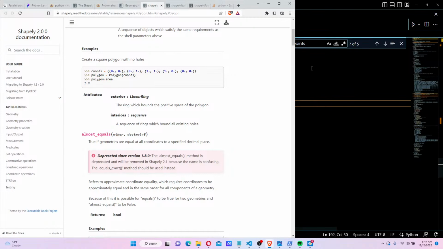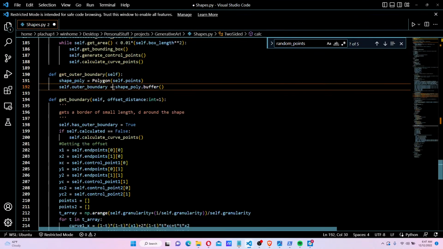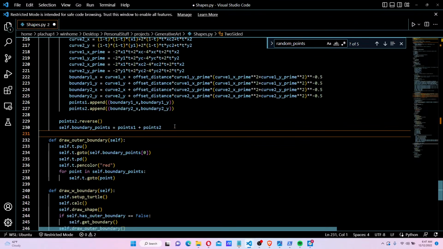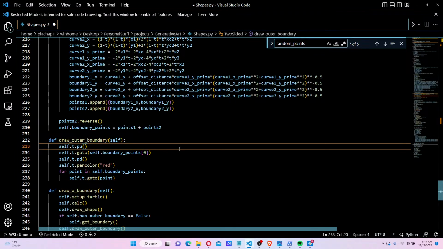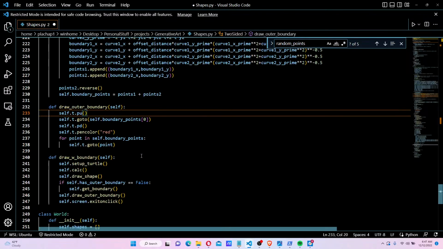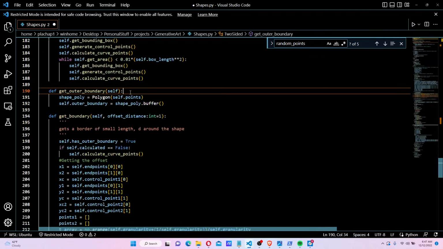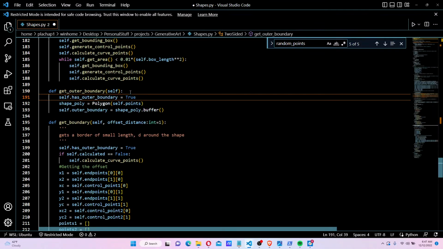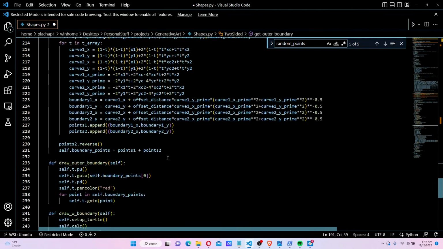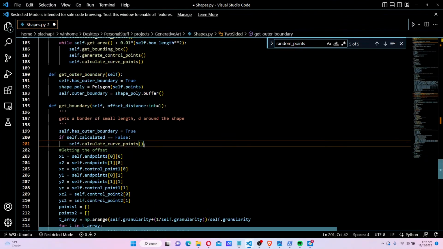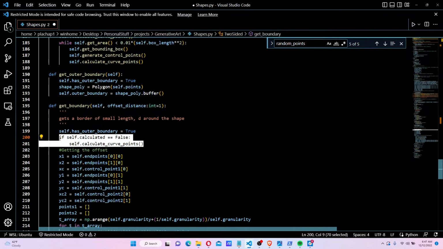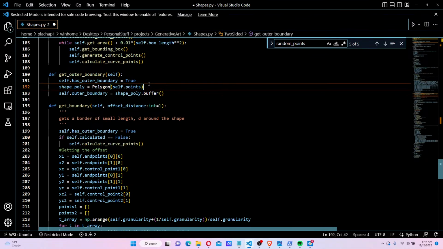Okay, so dot exterior should be the ring around. So get boundary, draw outer boundary, get boundary, and then here we do this.